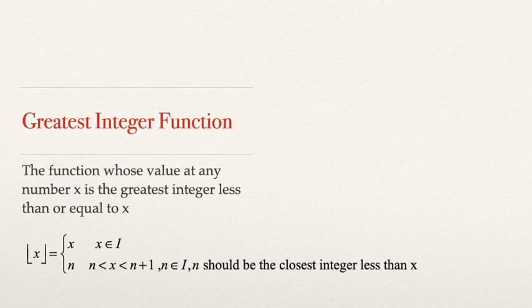Say for example, if you feed 2.5 as input to the machine, then what is the closest integer less than 2.5? Obviously the answer is 2. So this function will give you value 2. So let me show you the graph of the function.